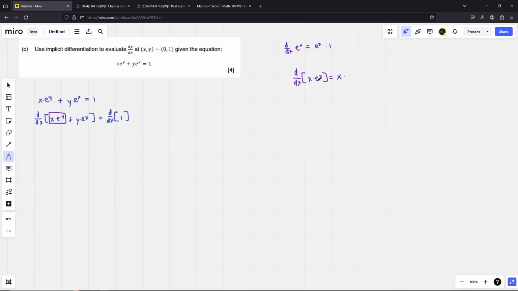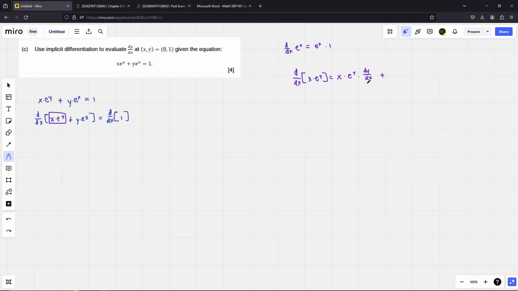Taking the derivative of e to the y, I'm going to say, okay, that's just e to the y multiplied by the derivative of the exponent, which is going to be dy by dx. Okay? And this is going to be a product rule, so I'm going to add.